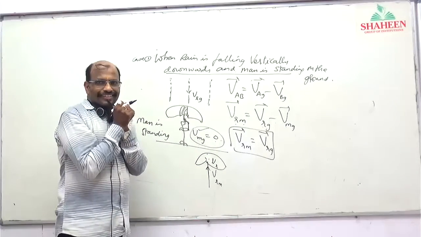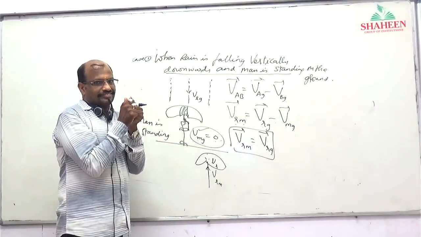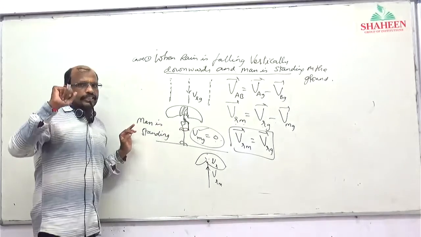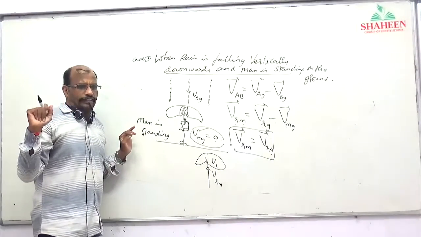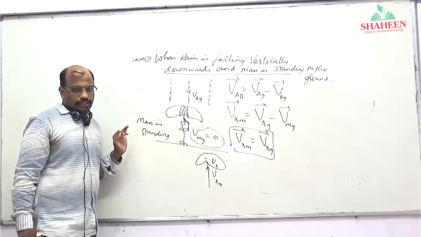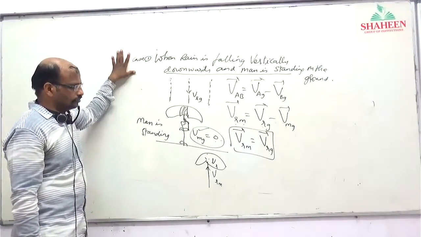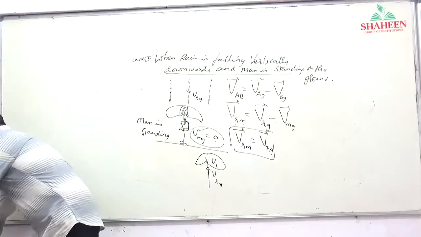In order to avoid the rain, you should hold the umbrella straight. So always the direction of the umbrella is opposite to the velocity of rain with respect to man. Okay? Is the first thing clear, all of you?